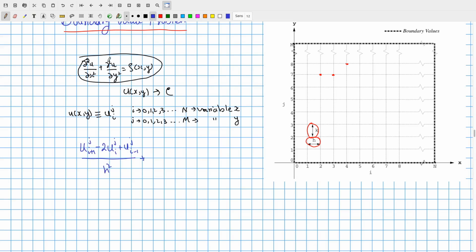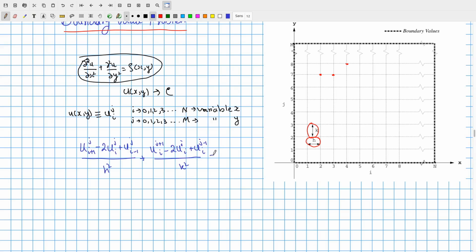Plus the second derivative in y, where the corresponding index for the variable y is j, so this is going to be u of j plus 1 i minus 2 times u of j i plus u of j minus 1 i, divided by k square, where k is the interval width for y.